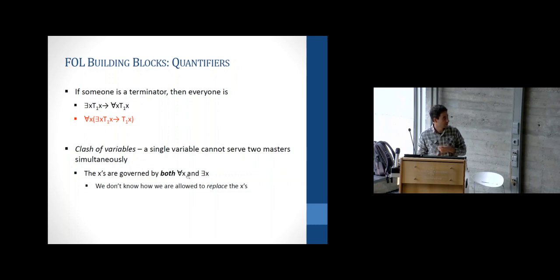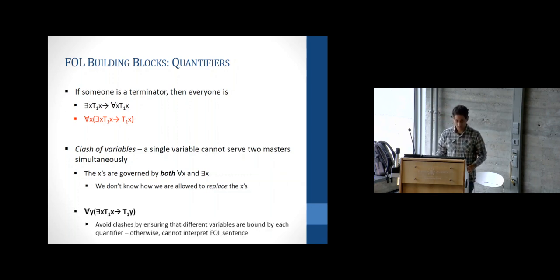Another way to say it is that if we want to replace the x with a name, we don't know if we should do the replacement according to the universal or the existential quantifier. As I said, we can avoid this by using just a different variable. Now, the y here is bound to this universal quantifier, and the x here is bound to this existential quantifier.